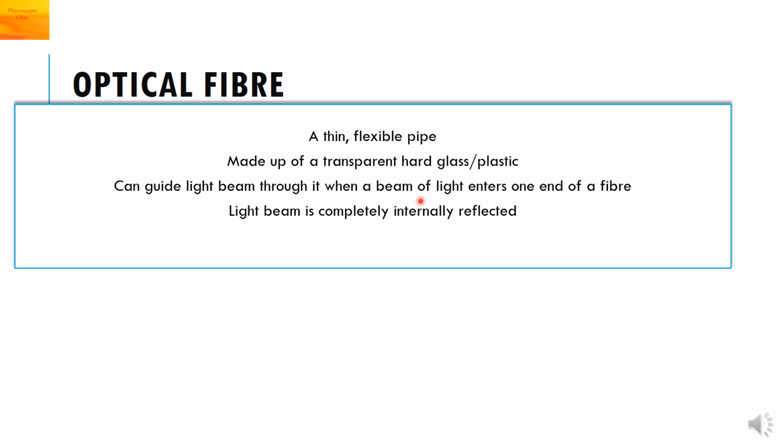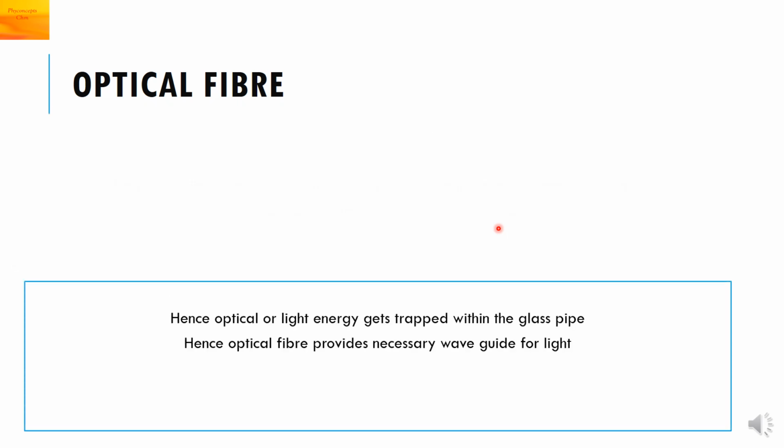This occurs because the light beam that enters into the fiber is completely internally reflected. Hence, the optical energy or the light energy gets trapped within the glass pipe. Hence, the optical fiber is acting like a waveguide for the light.